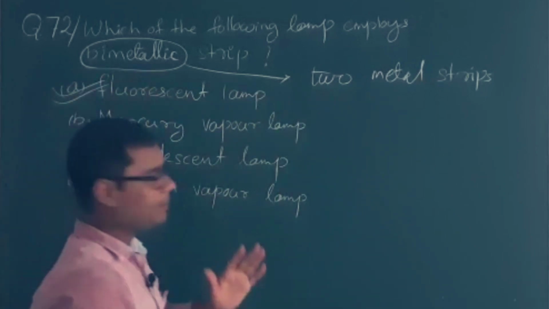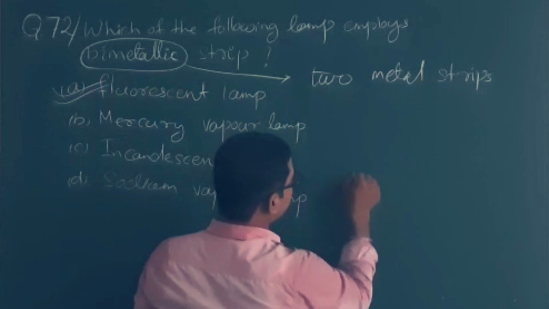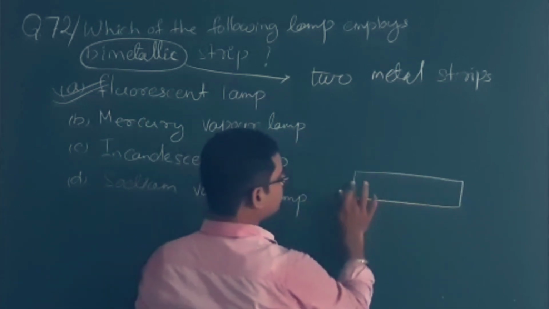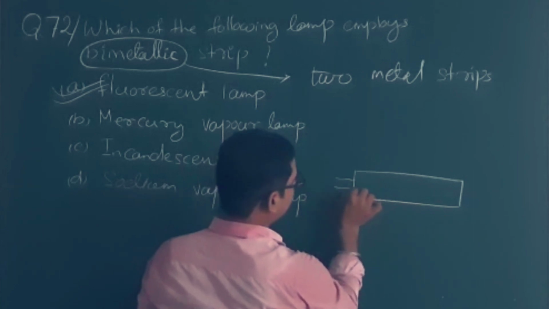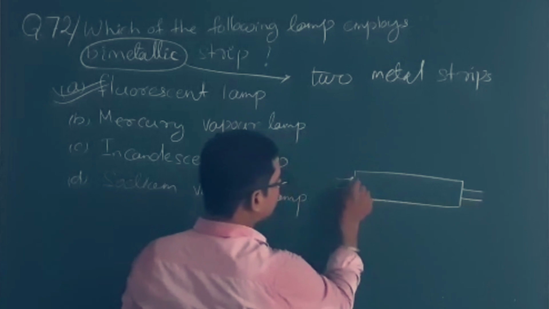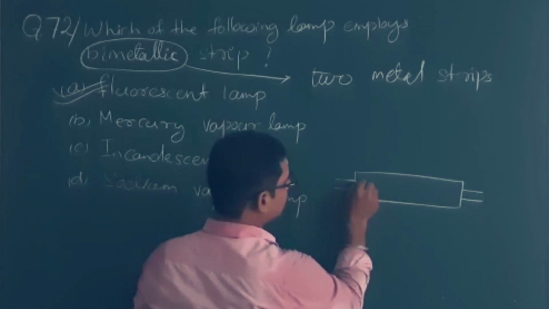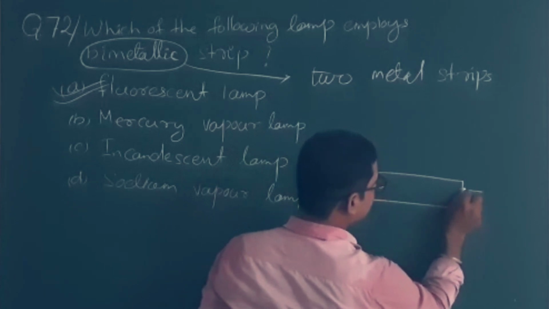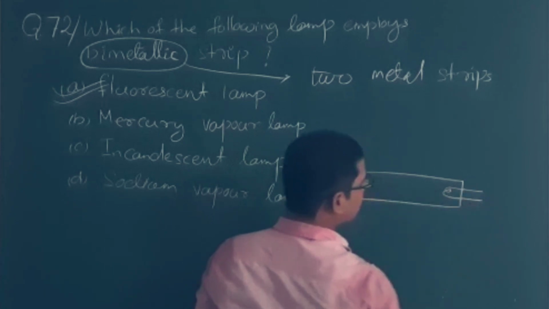So how to remember this? Look at the construction of the fluorescent lamp. This is the tube, and in the tube two filaments are there.